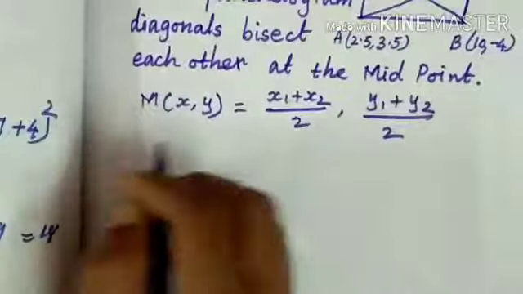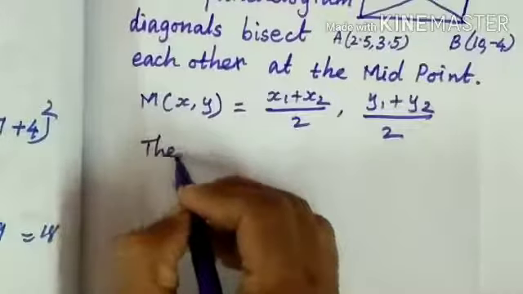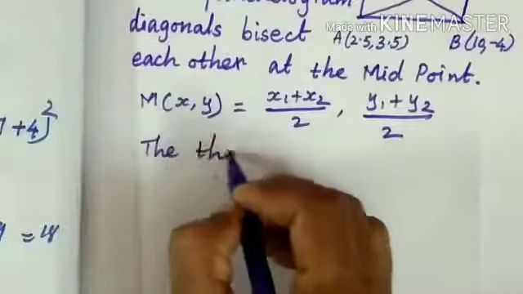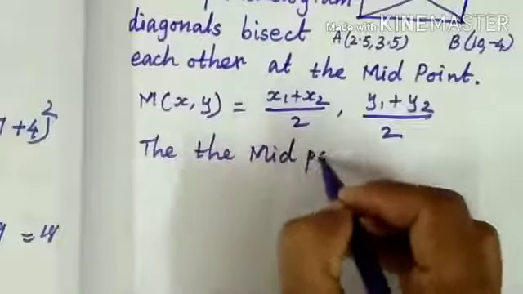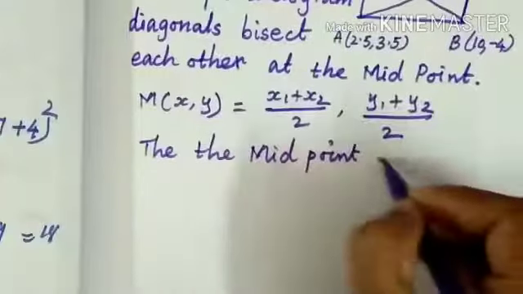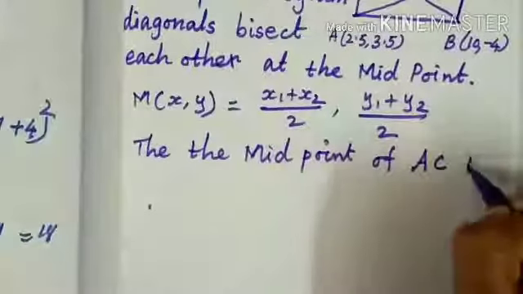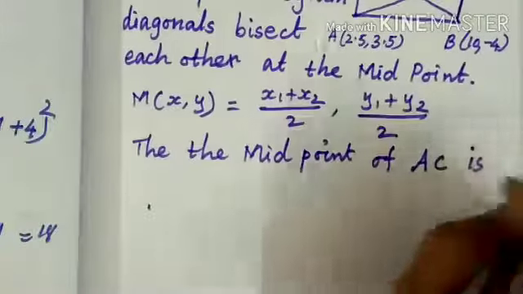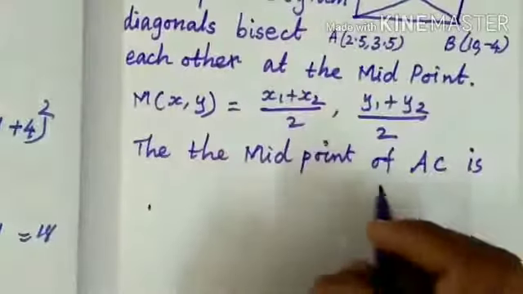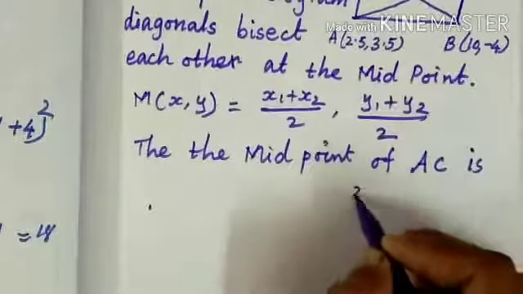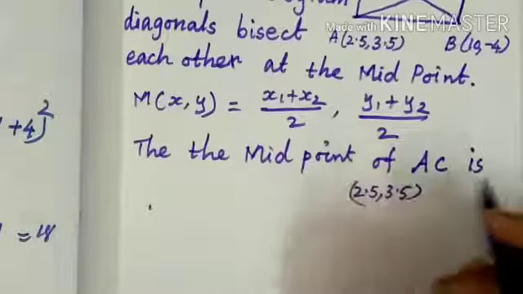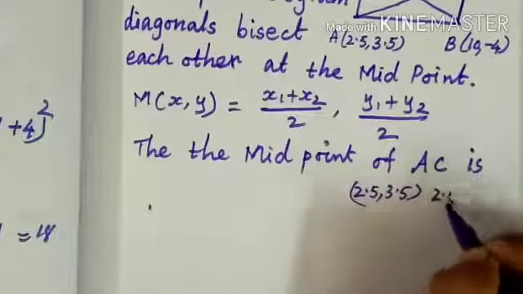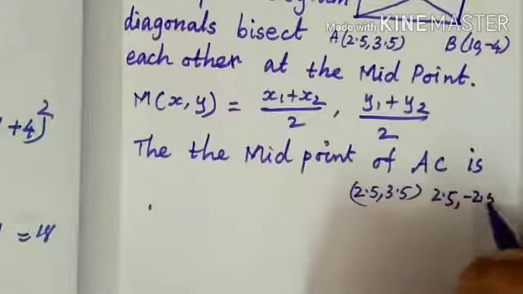First, you have to find the midpoint of AC. Take down and write the A point and C point. A point (2.5, 3.5) and C point (2.5, minus 2.5).